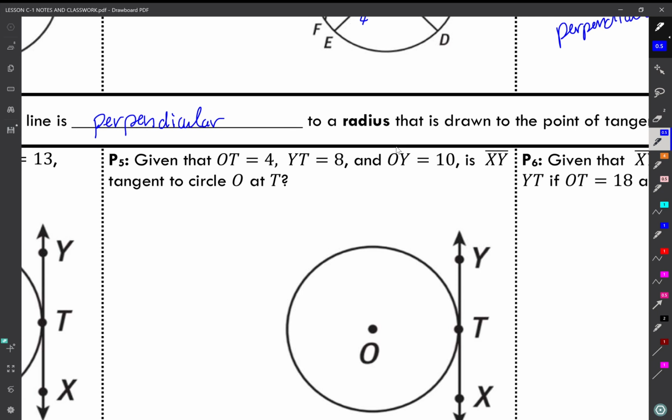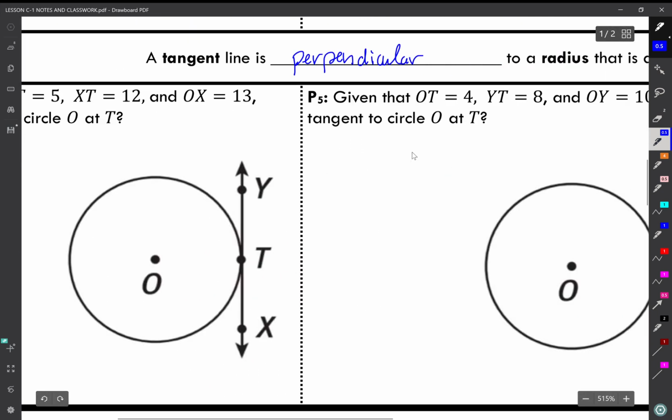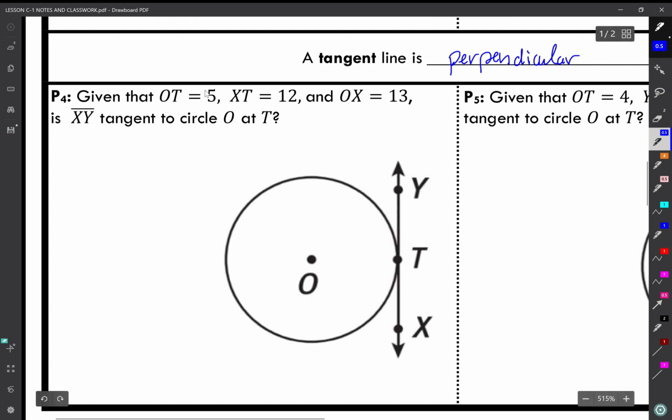Okay, so we'll use this fact now to show if something is tangent for 4, 5, and 6. So given that OT is equal to 5, let me draw that in. OT is equal to 5. Put it up here.